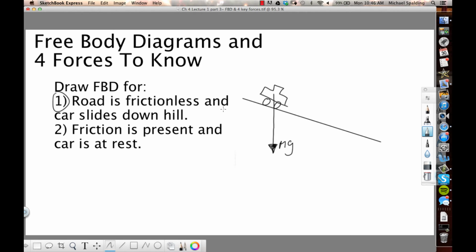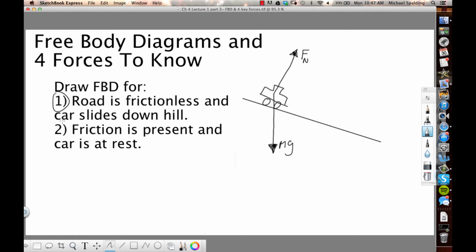What's another force on this car? Normal force. Is normal force going to be sticking up like that? No. What does normal mean in physics or math? Perpendicular. So there's the normal force. That would be the free body diagram if the hill were frictionless. Those are the only two forces on the car.